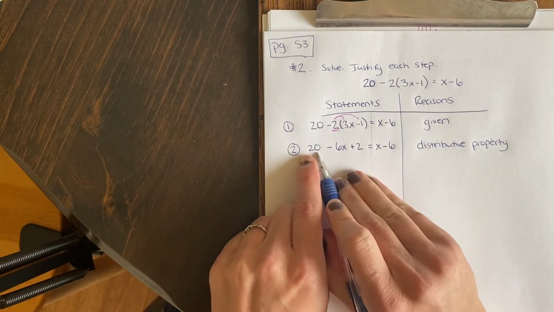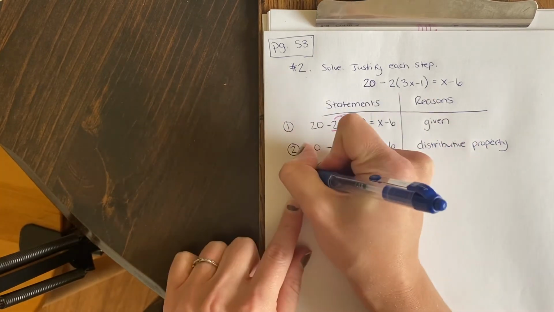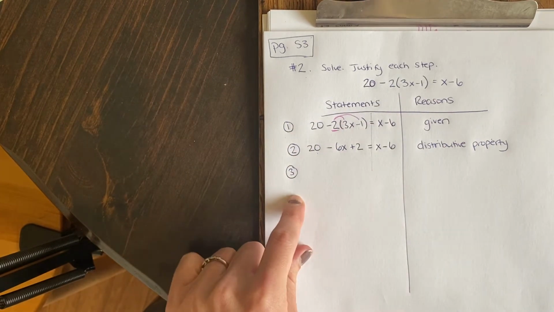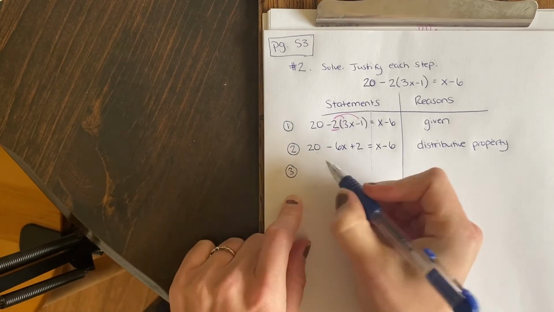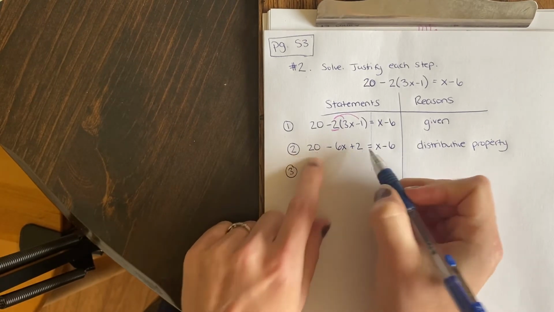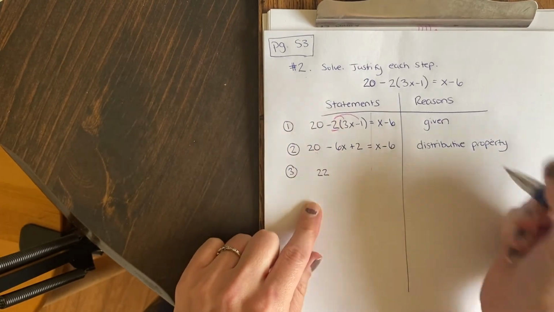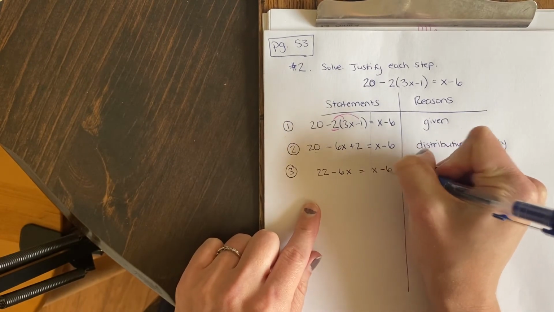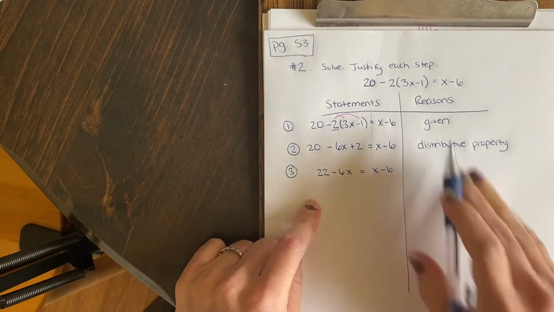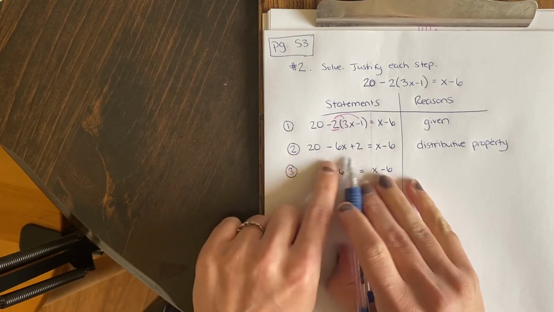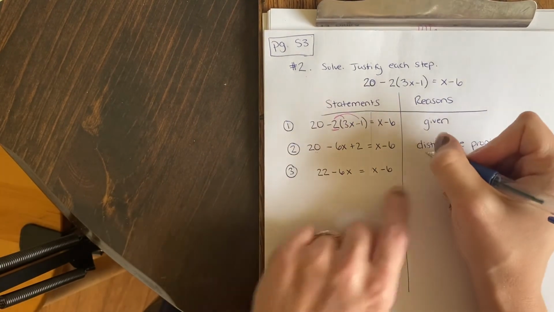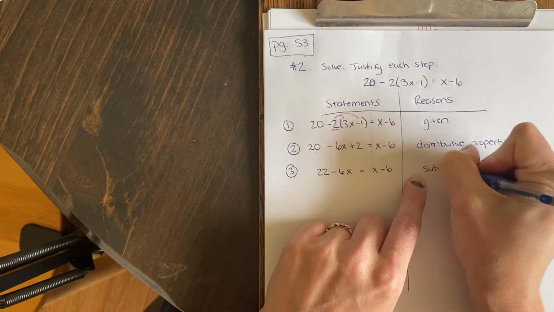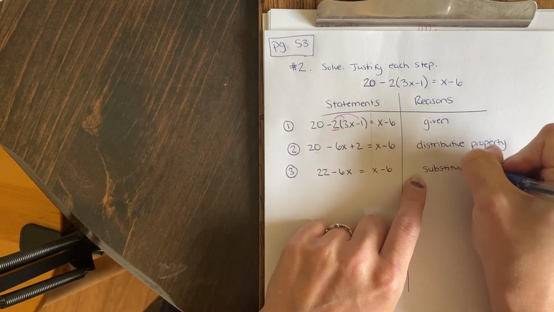So I'm going to do 20 plus 2 in my next step, and I want to make sure I rewrite it as a separate step. 20 plus 2 gets me 22, and everything else just stays the same. And so my reason for doing that, when I simplify or combine like terms, remember that property is called the substitution property.